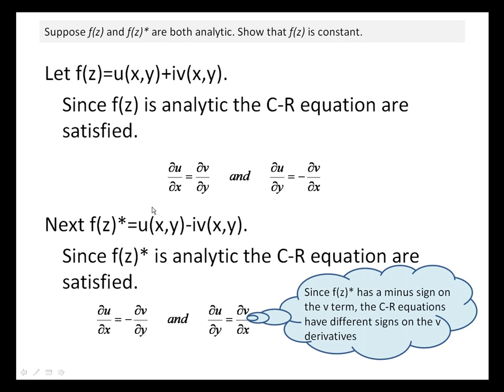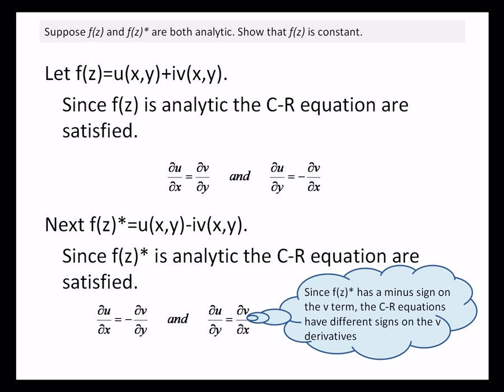But the Cauchy-Riemann equations for the u term will be exactly the same, because the real part is unchanged. However, the imaginary part of f of z complex conjugate now has a minus sign in front of the v. This changes the signs in front of the v derivatives.